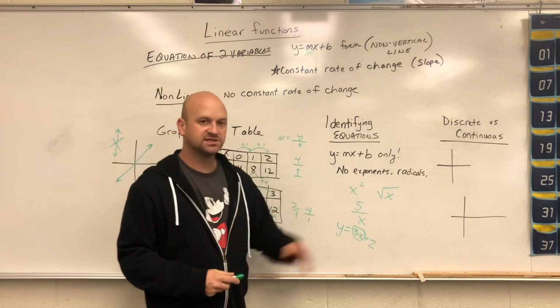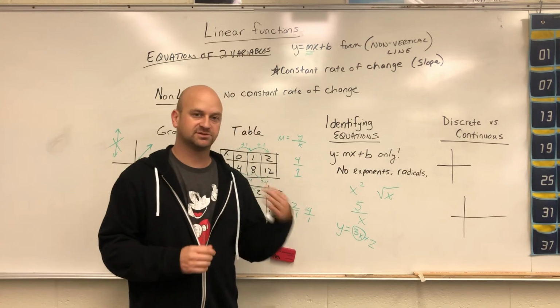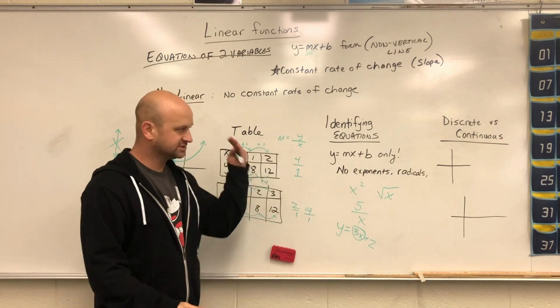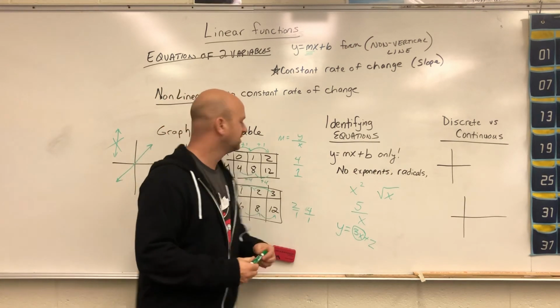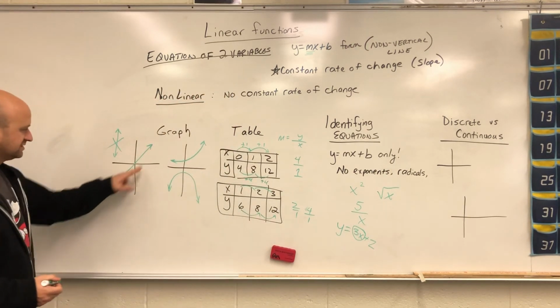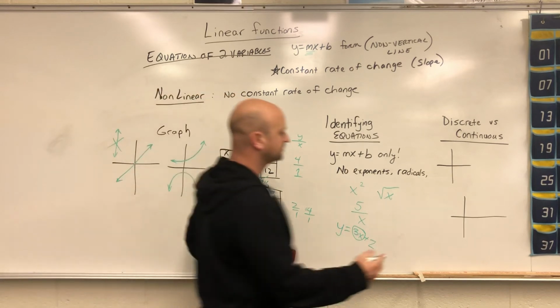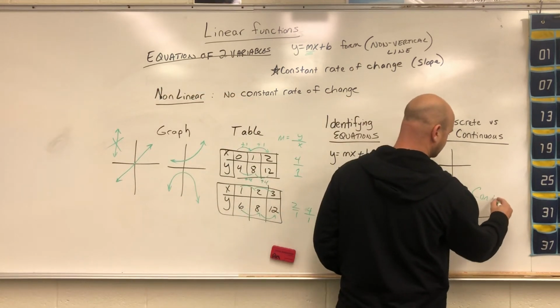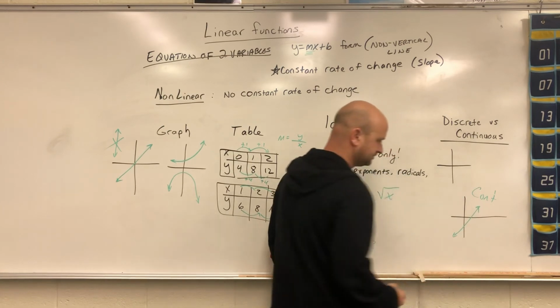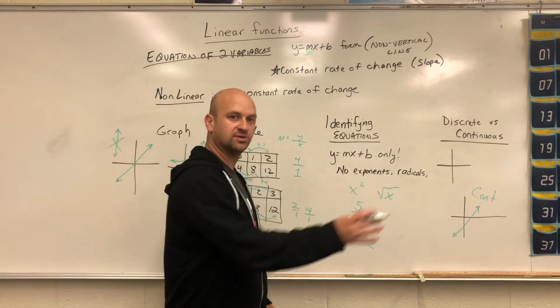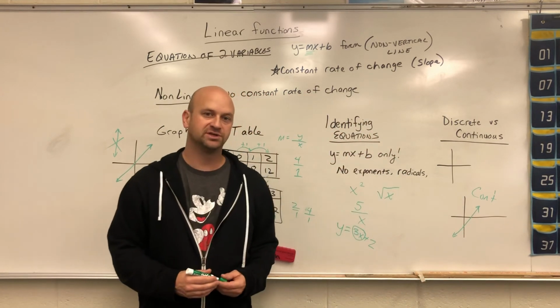Now, in the last video on functions, we talked about discrete and continuous. We could also have a discrete linear function and a continuous linear function. This would be an example of a continuous linear function. It's a straight line and all the points are included in the function.